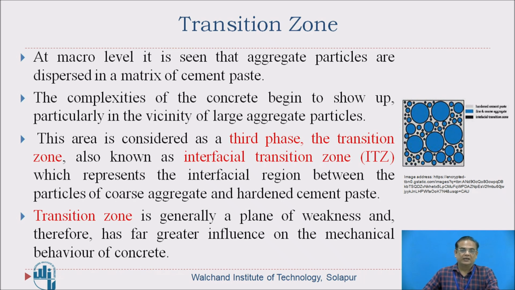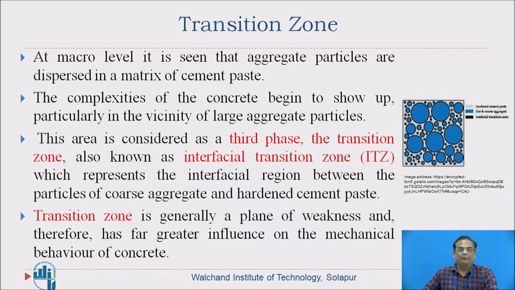This particular area in the vicinity of the aggregates is known as the third phase of concrete, the transition zone, also known as interfacial transition zone, ITZ, which represents the interfacial region between the particles of coarse aggregate and hardened cement paste.